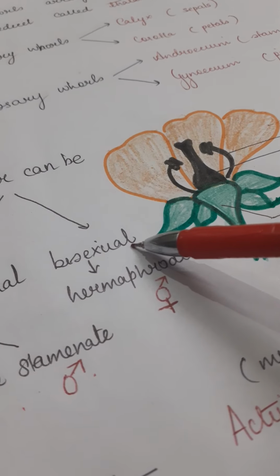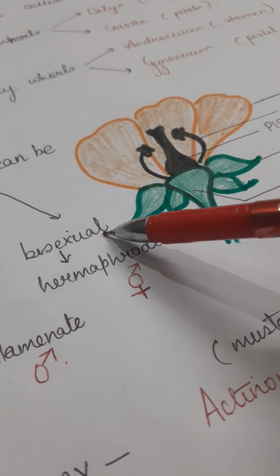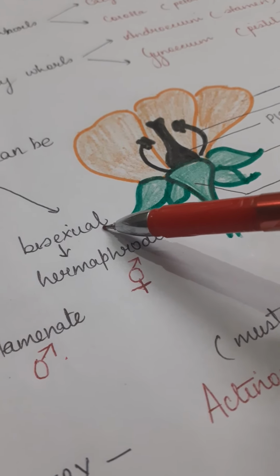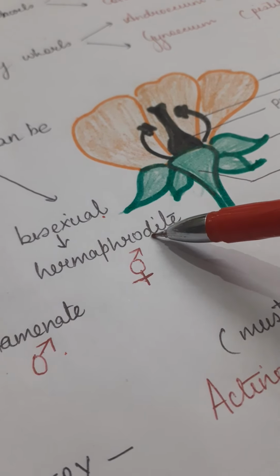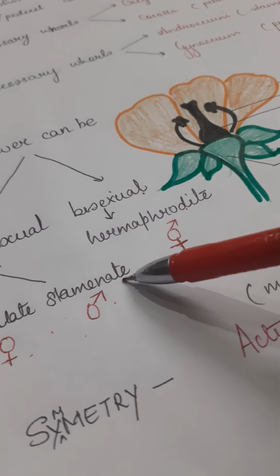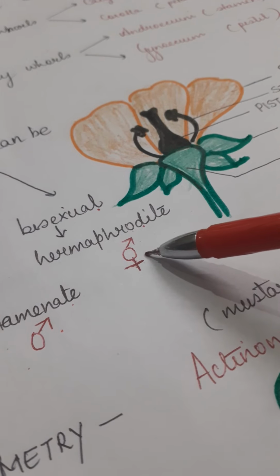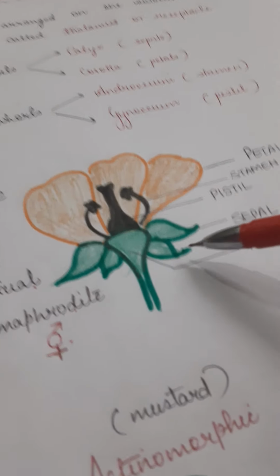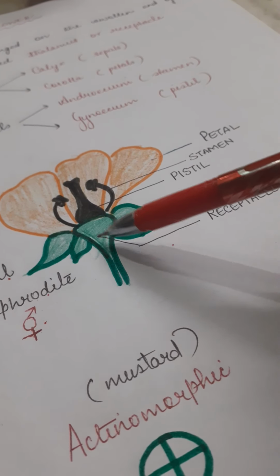Bisexual flowers are the ones that bear both the sexes together. So a bisexual flower has got stamen and pistil both, and it is also known as hermaphrodite. You must be aware of these signs. This is for female, this is for male, and this is for both of them present together. That is hermaphrodite.